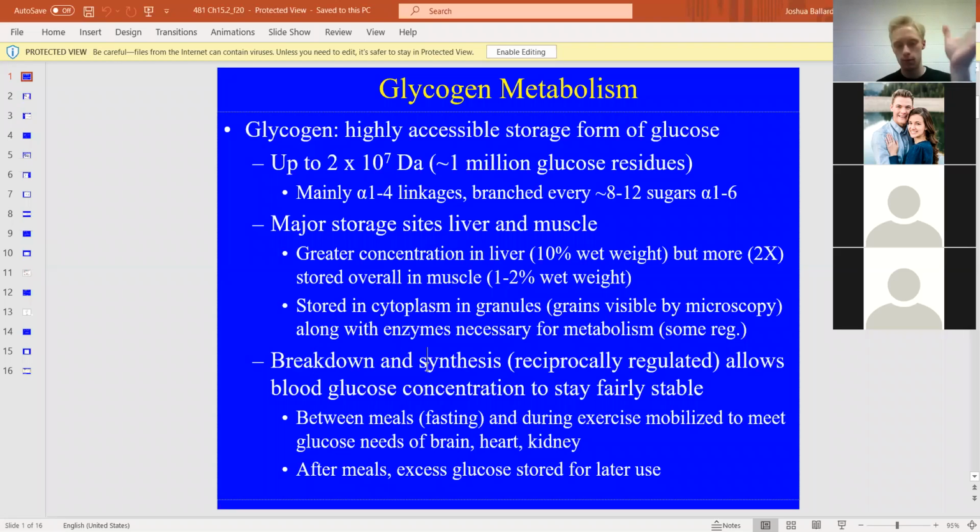Glycogen is usually some of the most immediate source of instant glucose that we can get. So when we're fasting, our body usually reverts to glycogen in our liver as an immediate source of energy to last us a majority of the 24 hours if we're fasting for 24 hours.